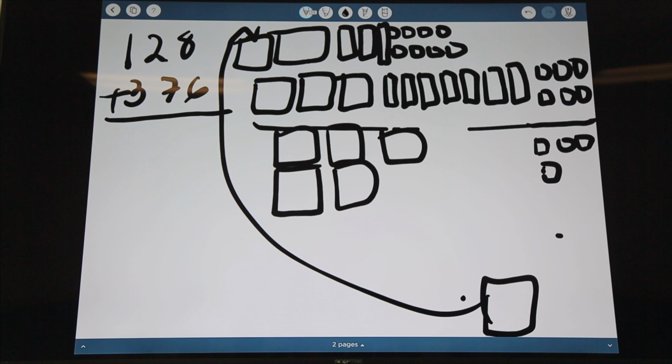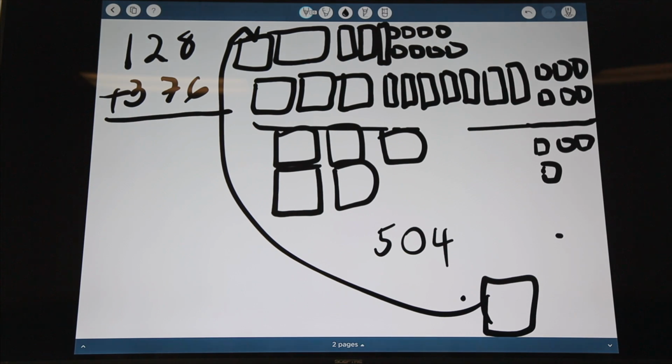So how can this be represented? 500. How many tens? 0, there's no tens, there's no rectangle, right? How many ones? Pay attention. 4. 1, 2, 3, 4. So we have 504. Now let's do it on this side.